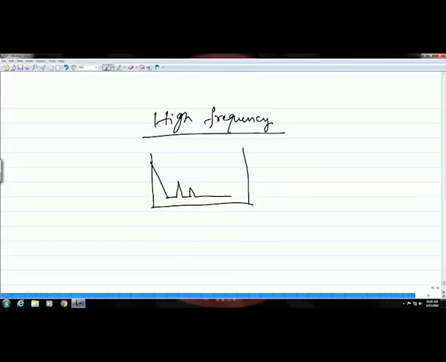So, the back wall signals which are coming out will be lower in intensity compared to a low frequency wave, because in this case, due to lower penetration, the attenuation is also high, but the resolution in this case is much better.